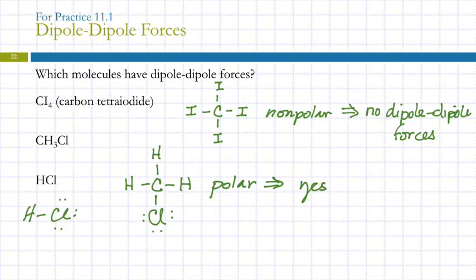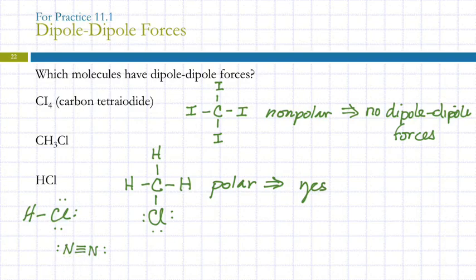If you had a nitrogen molecule, there's only two things there, a triple bond in between. But these two atoms are the same kind of element.